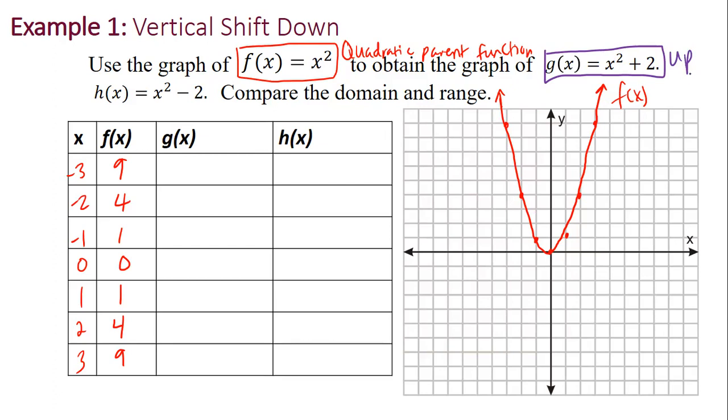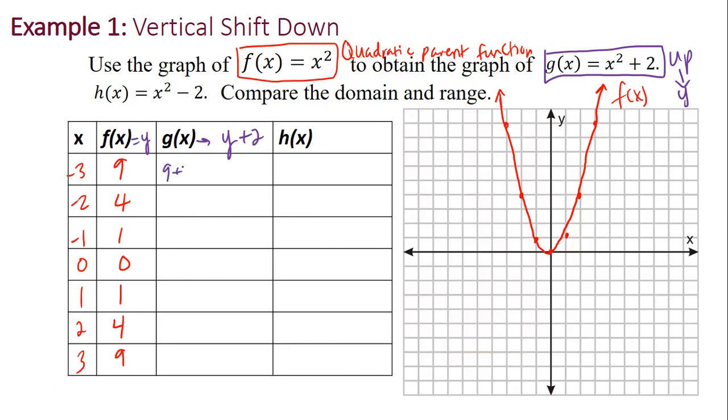In order to shift up, what variable am I changing? X or Y? Y. So because I'm going up, I'm going to change my Y's. Does that make sense? So g of x is telling me to each one of my original Y values, I'm going to have to add how much? 2. So to the originals, I'm adding 2.